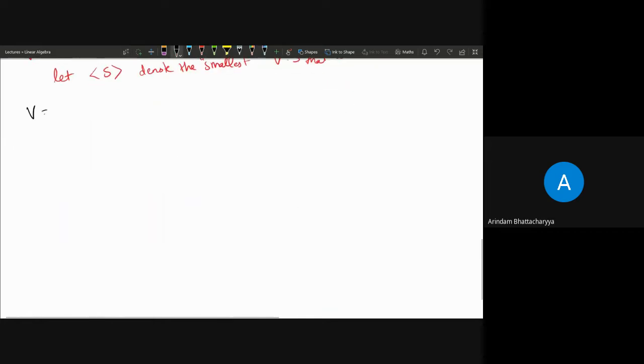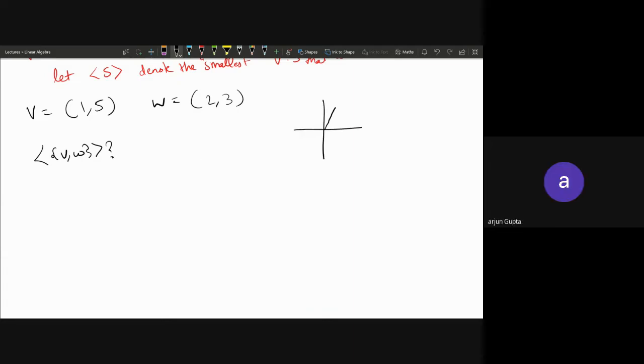So suppose V is (1, 5) and W is, let's say, (2, 3). What is this? Here's the picture. The set of all c1V plus c2W for any constants c1, c2 in R. Exactly. Very good.